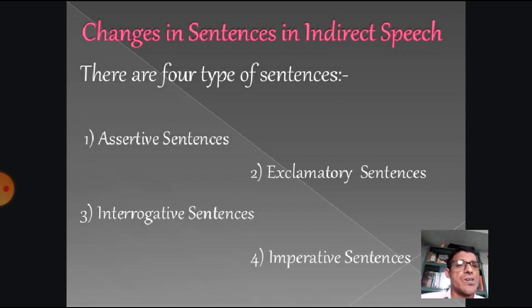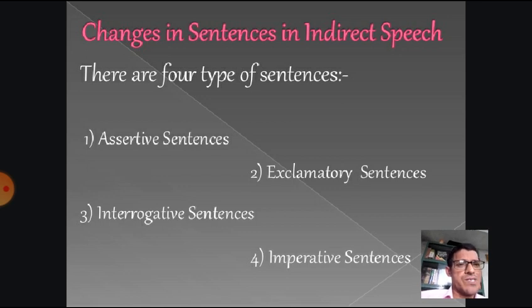Now we are talking about a special rule, and a special rule is used with a special type of sentence, or in one type of sentence one type of rule is used which is not used in another type of sentence. So as here you can see, changes in sentence in indirect speech.